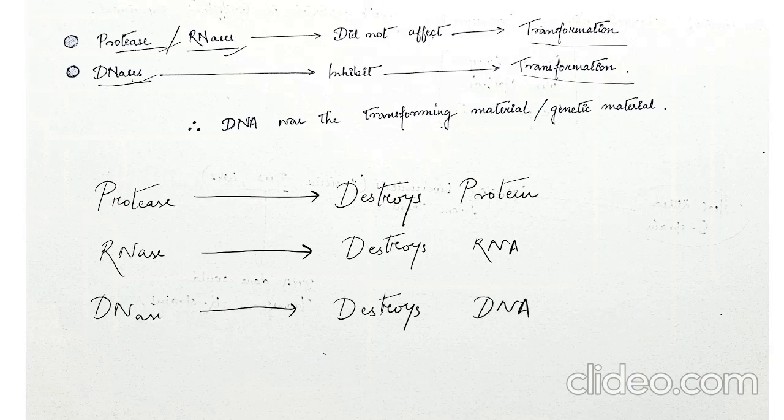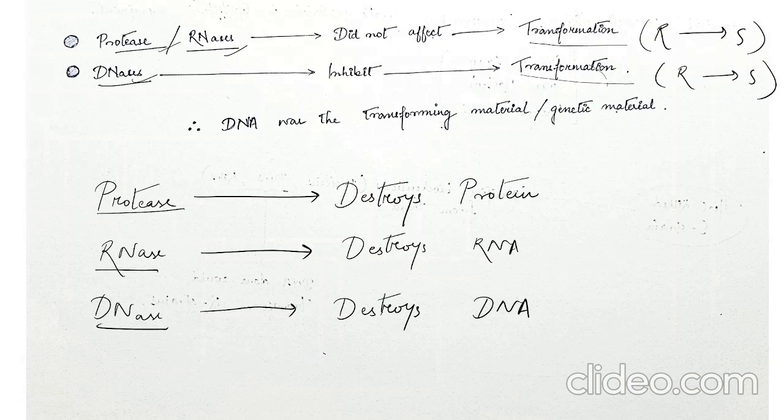They wanted to study the effect of these on the process of transformation, which was R to S transformation. They saw that protease and RNase did not affect transformation. On the other hand, when they put in DNase, it inhibited transformation.